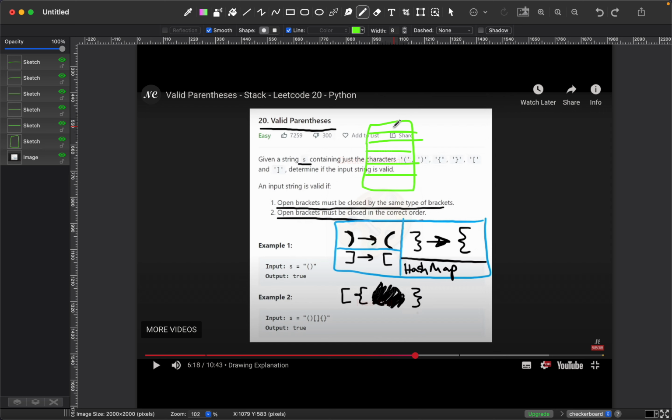if say a new value comes in, and say it's like this bracket thing, right?